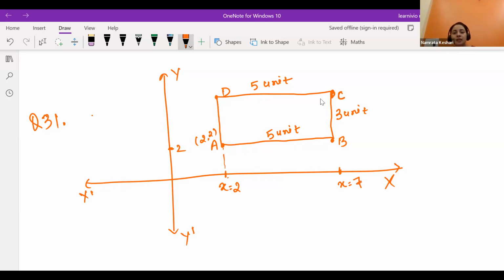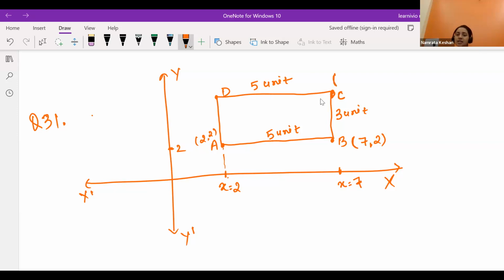Now let's try figuring it out. What will be the coordinate of B? Will it be x is 7 and y is 2? Yes or no? Yes, ma'am. Because it's a rectangle. Okay, what will be the coordinate of C? That is the main question. So we can see C and B are both on the same line.